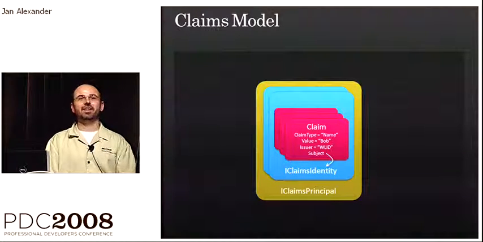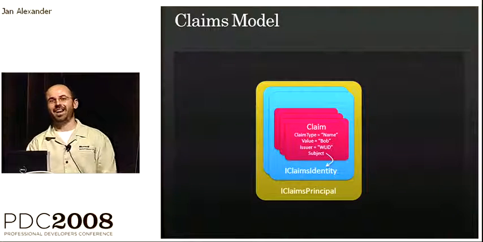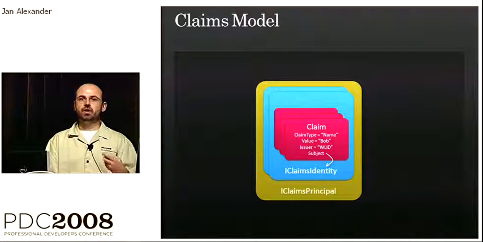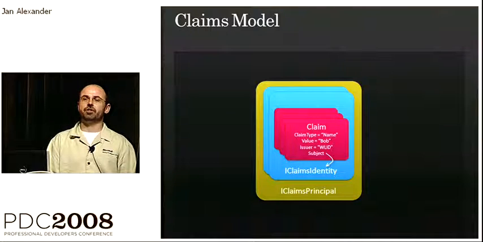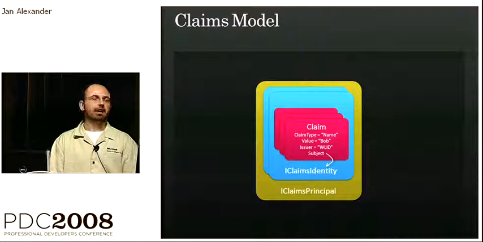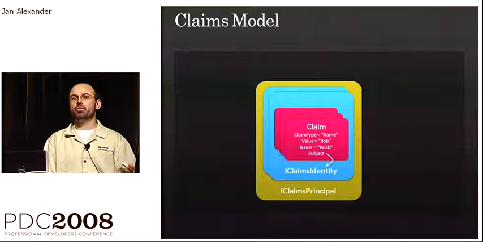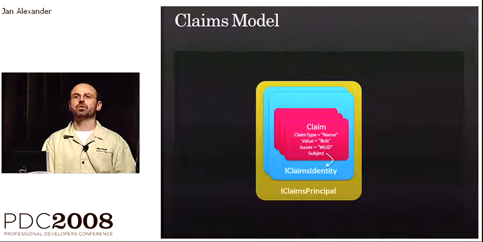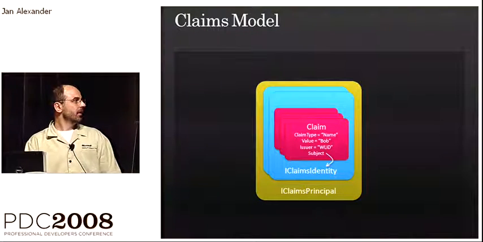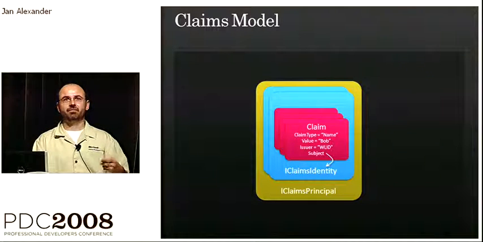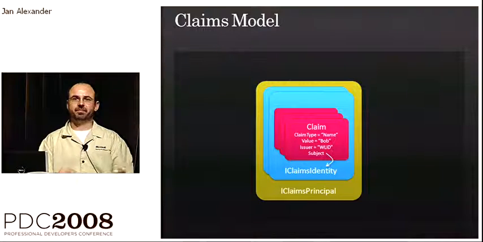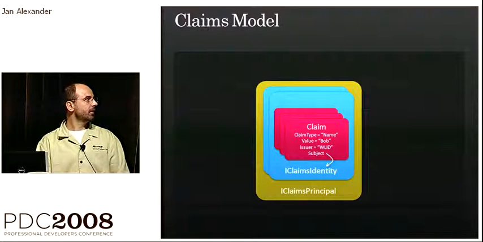We integrated claims into the .NET framework for the first time so that we reuse the existing identity infrastructure that's in place, and we just naturally extend it with claims. So we can use claims whenever you can use the existing identities and it will still work. That's one of the nice things we have done, and it's one of the things that we differ from what WCF did. I will be talking about that a little bit as well.